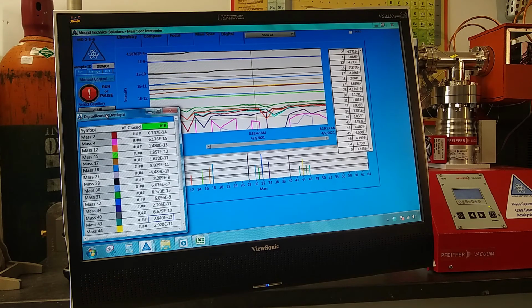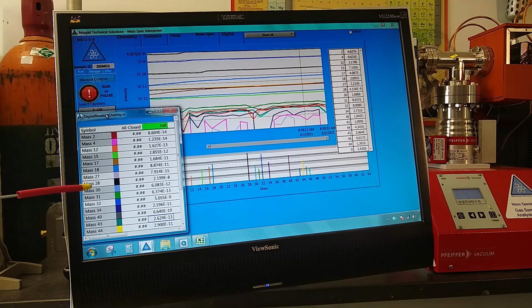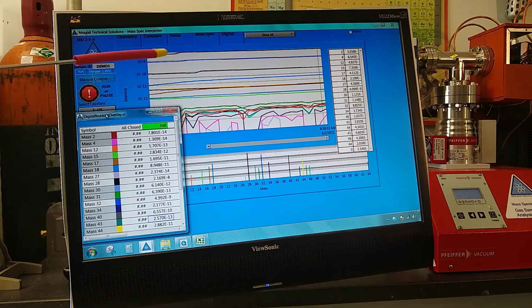The highest level of current is this black plot, which associates with mass 28. Mass 28, as we know, is our nitrogen component. And so in our room atmosphere, nitrogen is naturally the most prolific component.